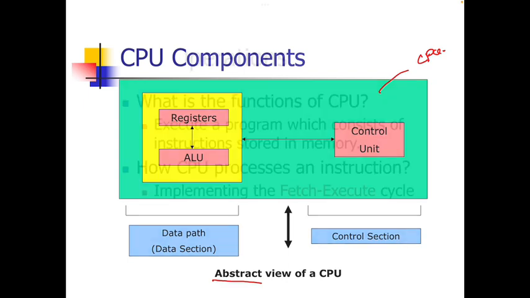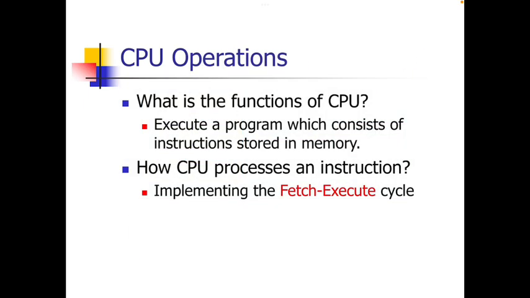So after we know about the components, what does the CPU actually do? What is the CPU operation, and what is the function of the CPU? In general, there are a lot of functions of the CPU.